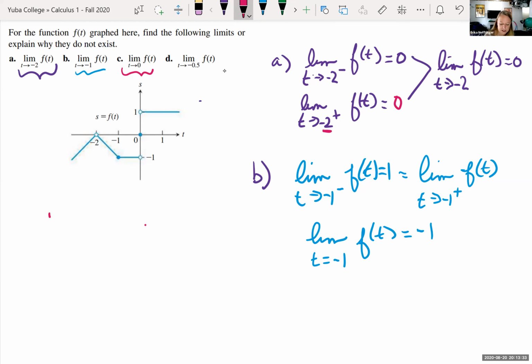For part C, if we look at the limit as t is approaching 0 on the left, that's going to be this piece of the graph right here. As we get closer and closer to t equals 0 on the left, the y value we're getting closer and closer to is -1, even though it isn't that value there.